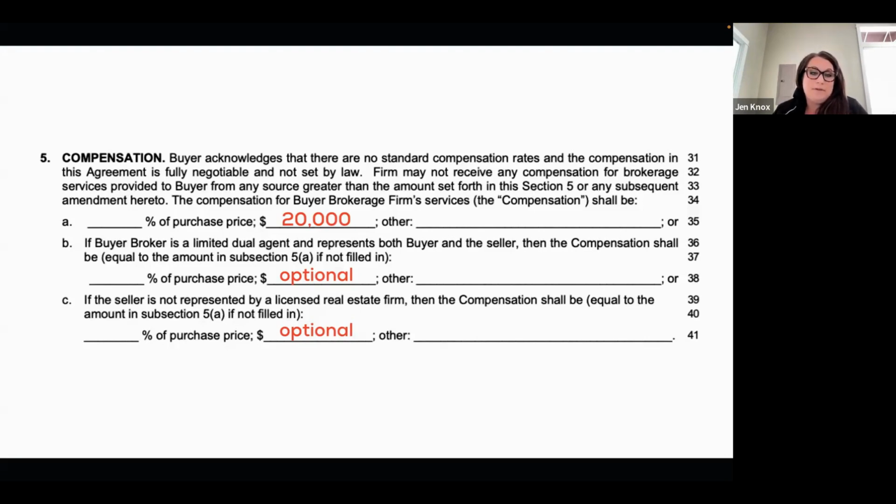So you'll need to keep communication, somehow negotiate, and schedule inspections. So there's a lot of stuff that goes into representing one party and then working with another party without representation, just as there is an unrepresented buyer. So this option of 5C gives the opportunity, I guess, to decide if your compensation pay is going to be different than your originally agreed buyer comp of, in this example, $20,000.